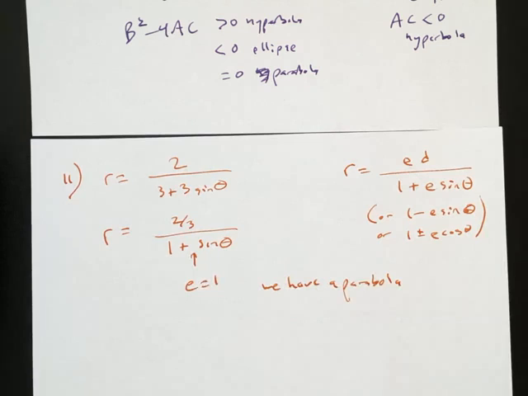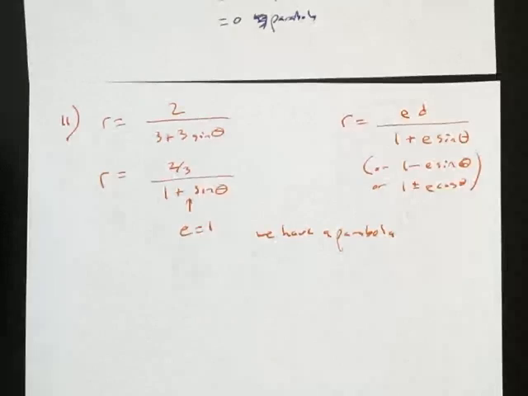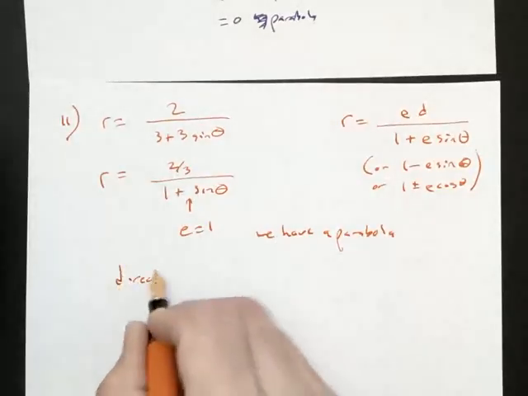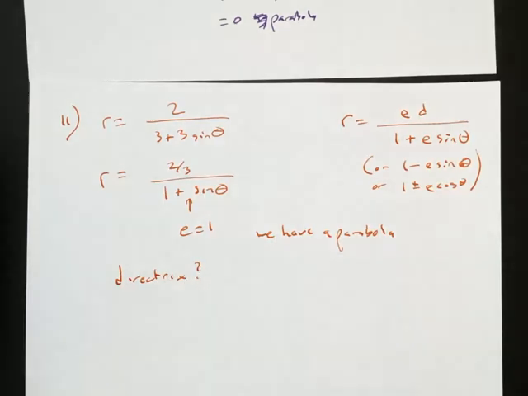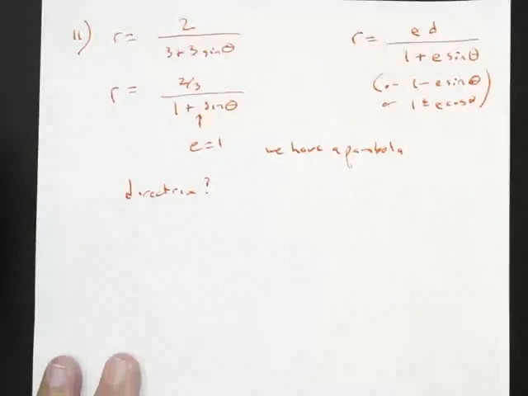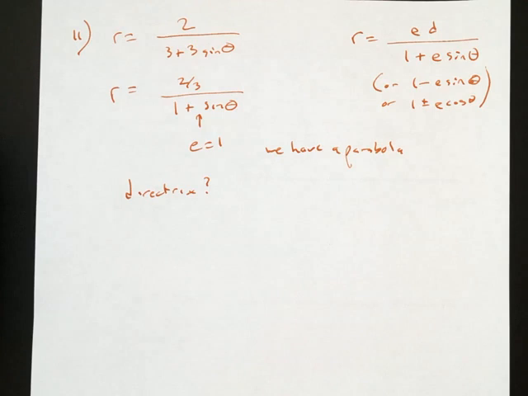Part C says, give an equation of the directrix. The directrix comes from D. What's the value of D?